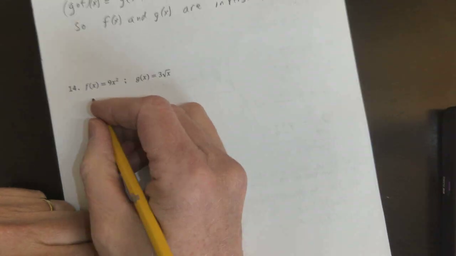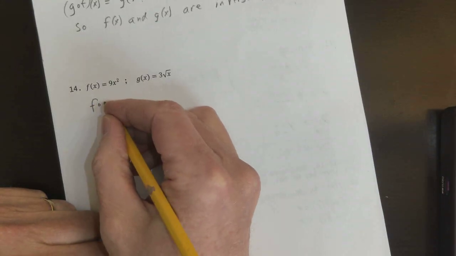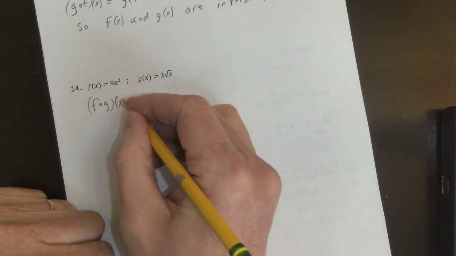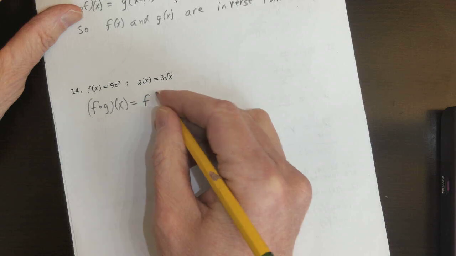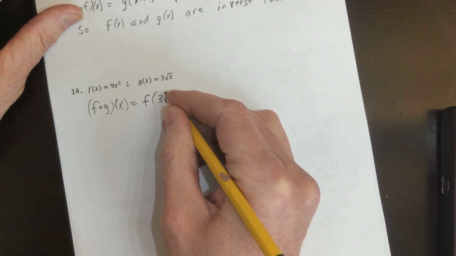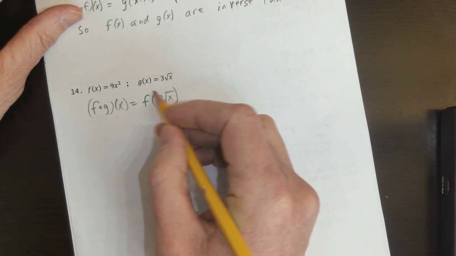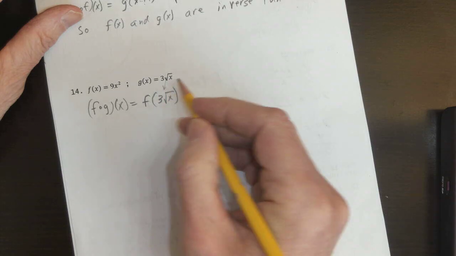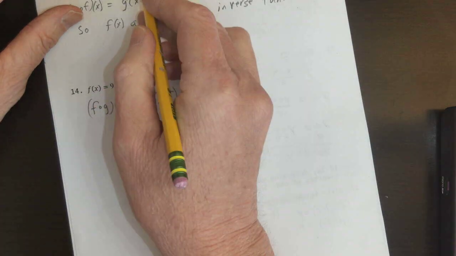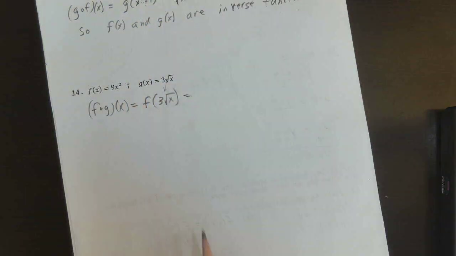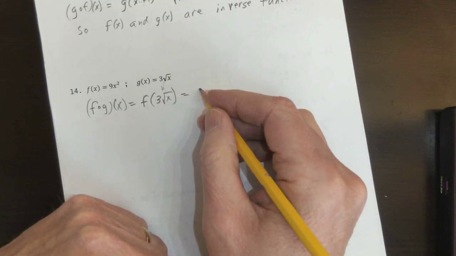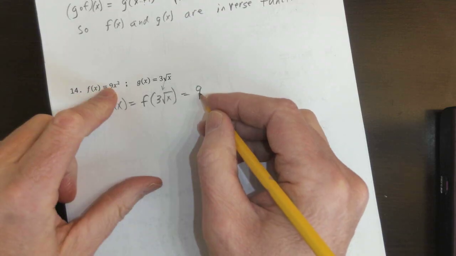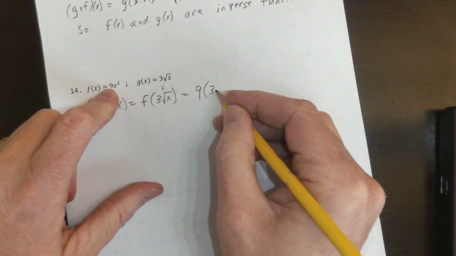All right, let's try number 14. F circle g of x is equal to f of 3 square root of x. That's what g of x is. So f says you got your 9 here, and then you have your x squared here.